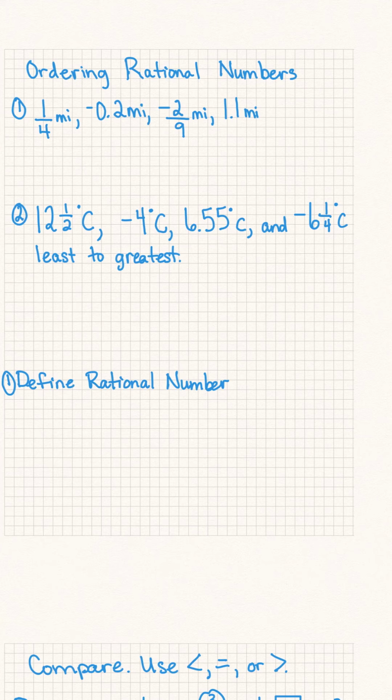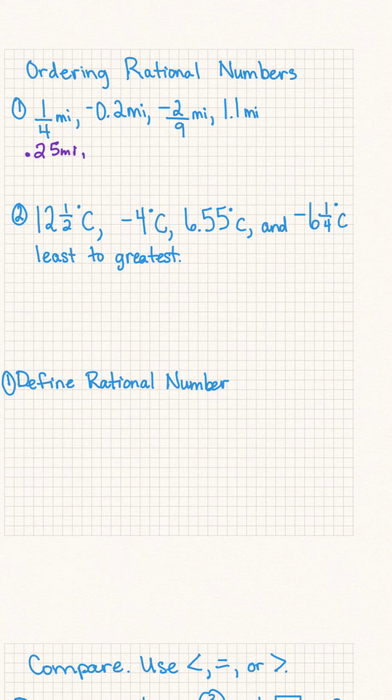So to turn the fractions into decimals, you divide 4 into 1. It would turn out to be 0.25 miles.